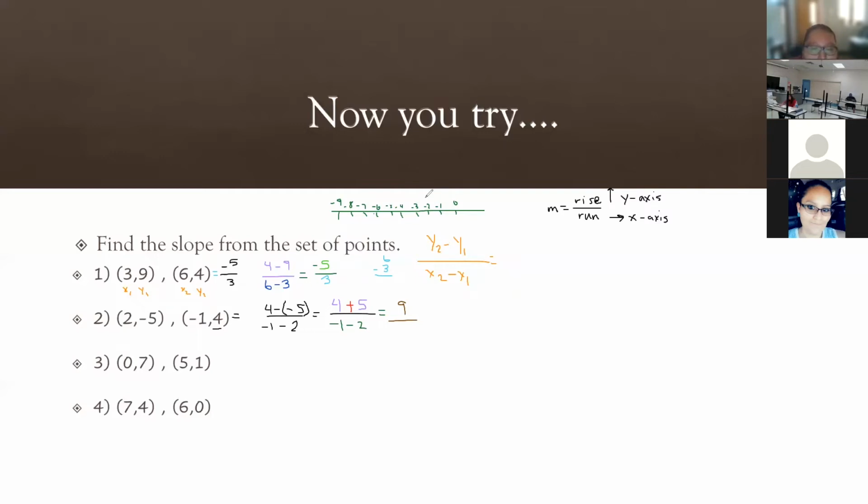Okay, so we're going to start at a -1 here. Since it's a negative, we're going to go to the left side twice. So 1, 2. And that will land us on the -3.